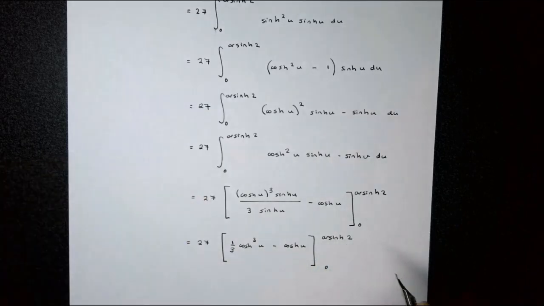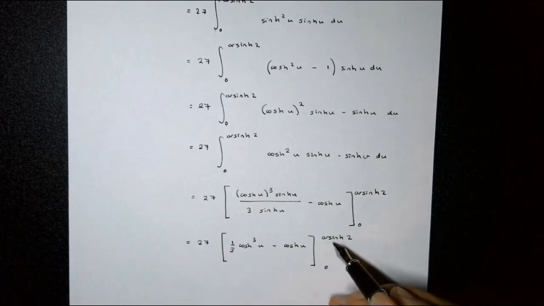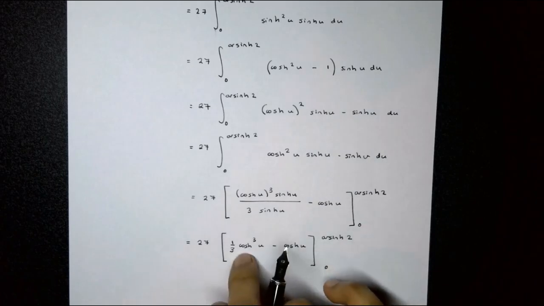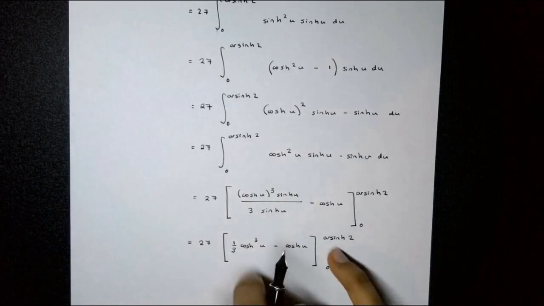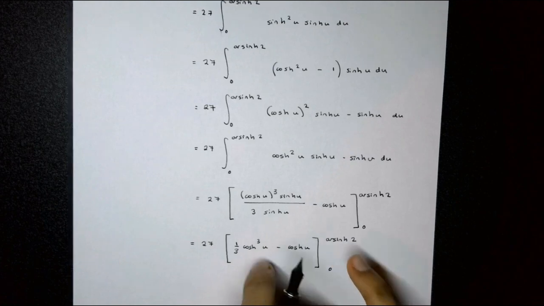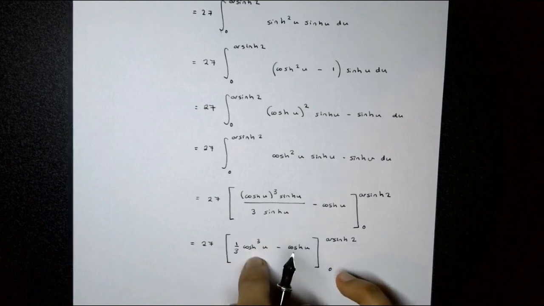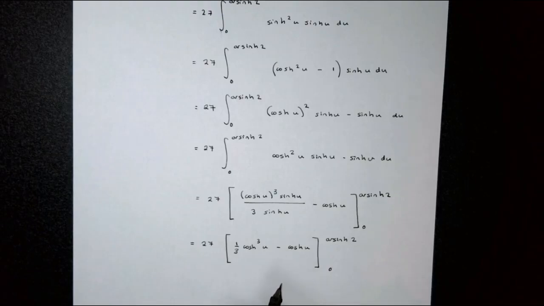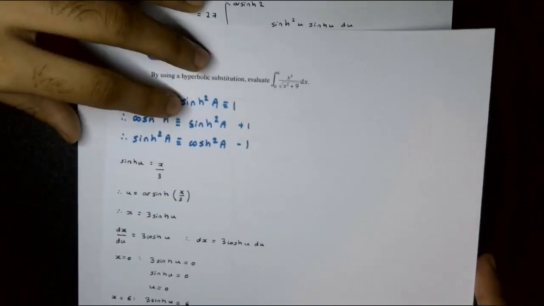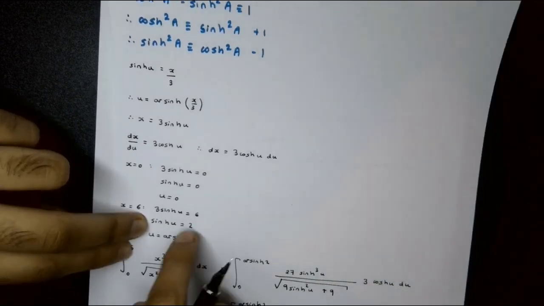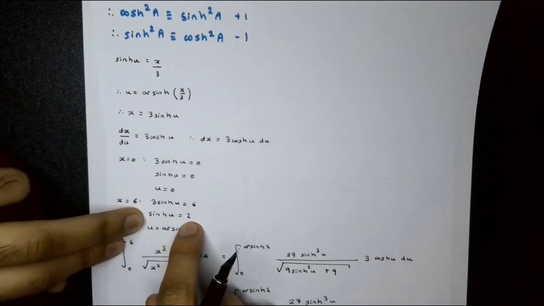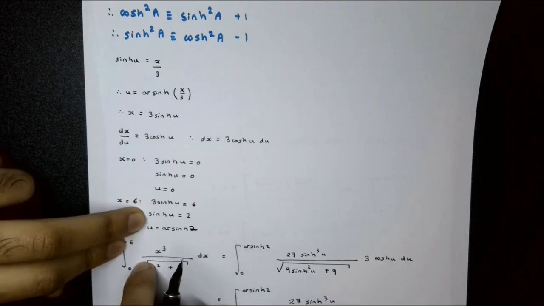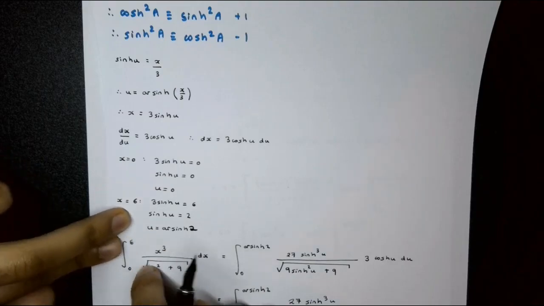Now to evaluate this, well, you'll notice over here, if we want our answer in exact form, if we substitute in over here, we're going to get something involving decimals. Even if I convert this to natural logarithm form, I'm still going to get something which looks quite horrible. But the way we can overcome this, if we think to what we said over here, we know already from here hyperbolic sine of u is equal to 2. So with this we can find out what hyperbolic cosine of u is.